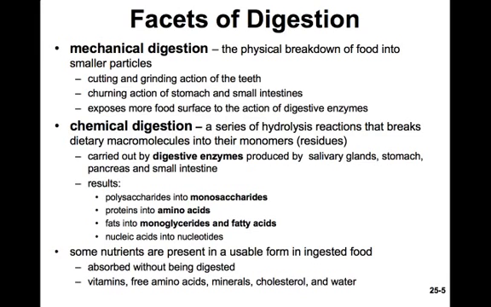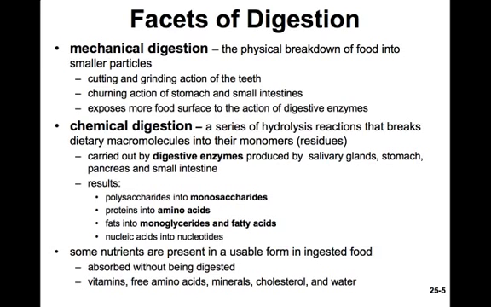We'll examine them in much more detail later, but they can be produced by the salivary glands, the stomach, the pancreas, or the small intestine. The results are that we see polysaccharides cut into monosaccharides, proteins into their monomer amino acids, fats into monoglycerides and fatty acids, and nucleic acids into nucleotides.